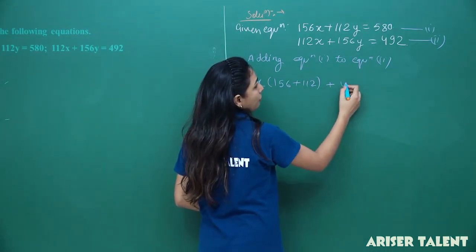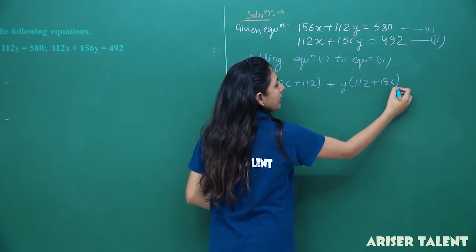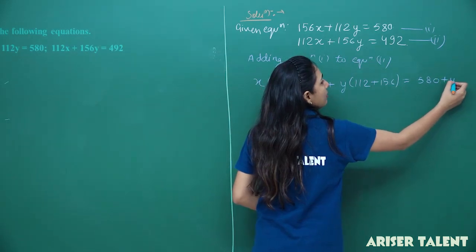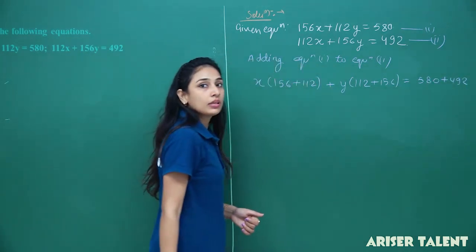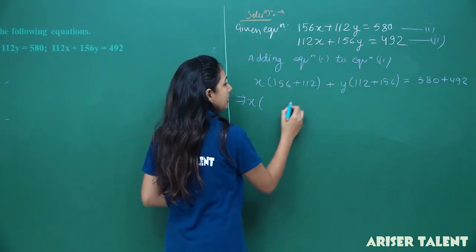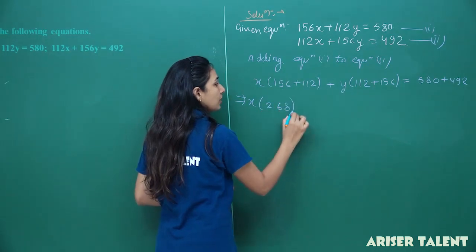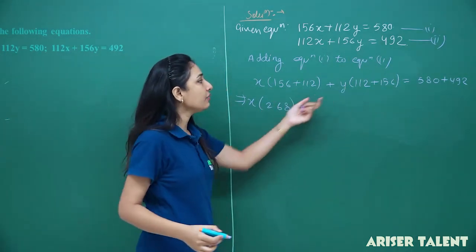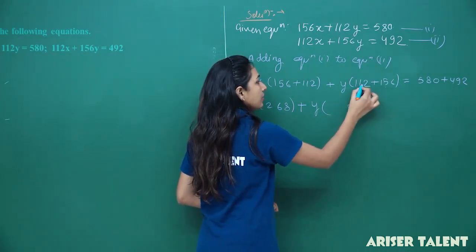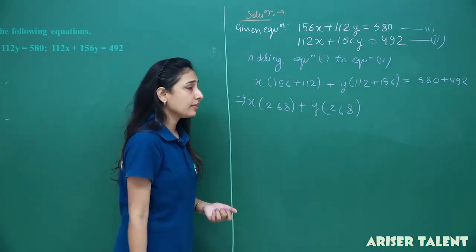Plus y times 112 plus 156 equals 580 plus 492. Now I will simplify it. For x, that is 268, and for y, the sum will be the same, 268, because the digits are the same, right?